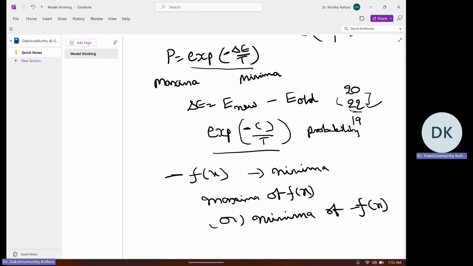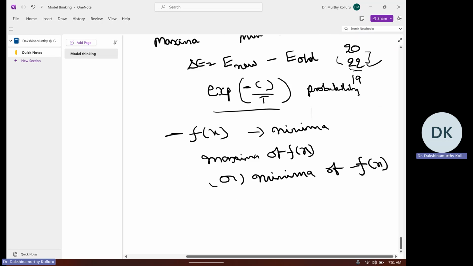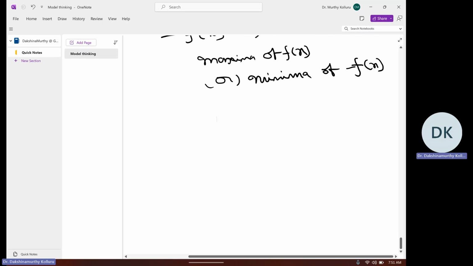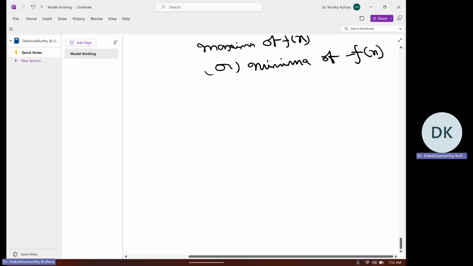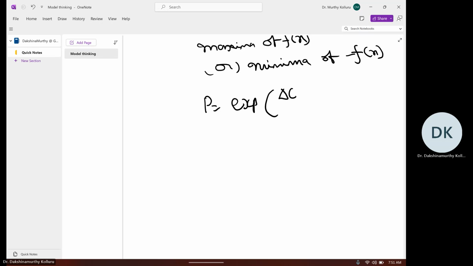But sometimes you see me doing something else. When I want to find maxima, I change the probability equation and remove the negative sign. Now, let's say the neighbor has 22.